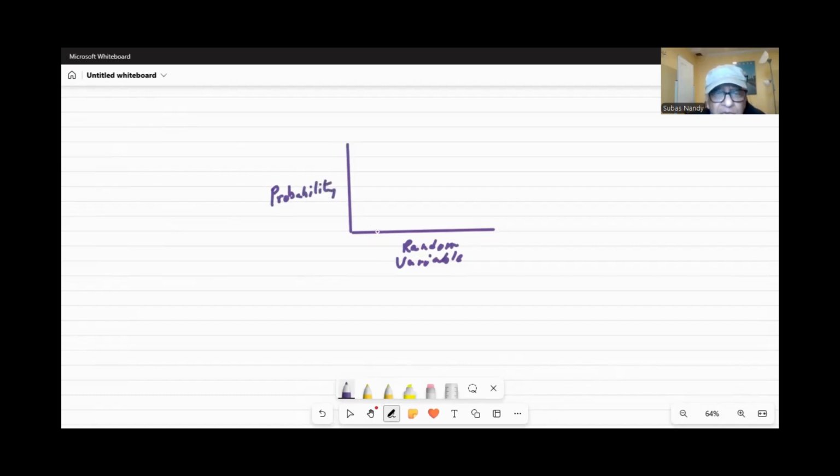We were talking about the uniform probability distribution. That means within an interval, the probability will remain constant, hence the name uniform. This is your uniform probability distribution. Notice it is not bell-shaped.